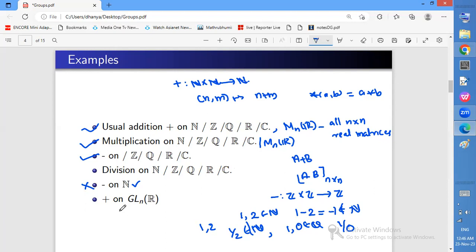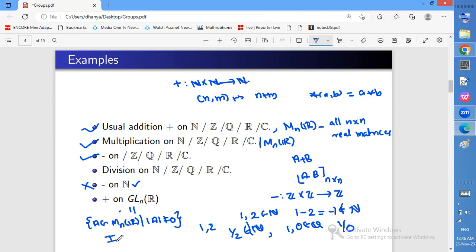So finally, let us consider the set GLnR. Here GLnR is the collection of all invertible n by n matrices over R, that is, the set of all A belonging to Mn(R) such that determinant of A is not equal to 0. Will addition form a binary operation on this set? Clearly, no, right?